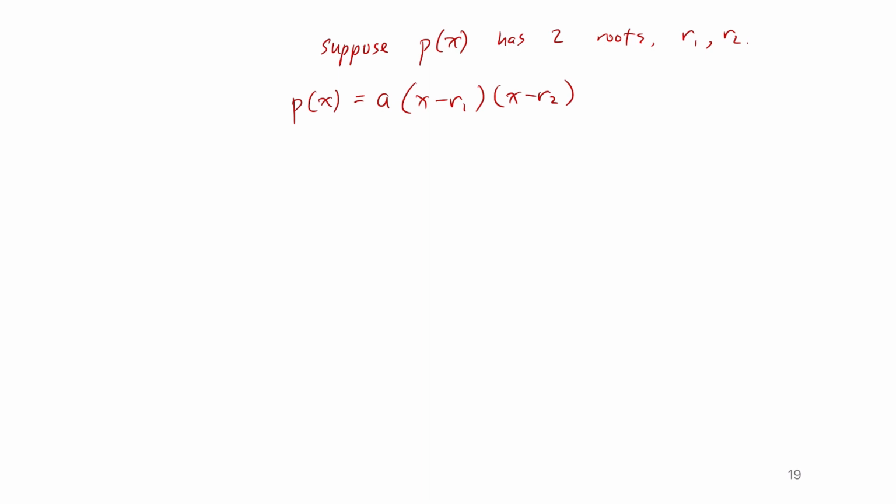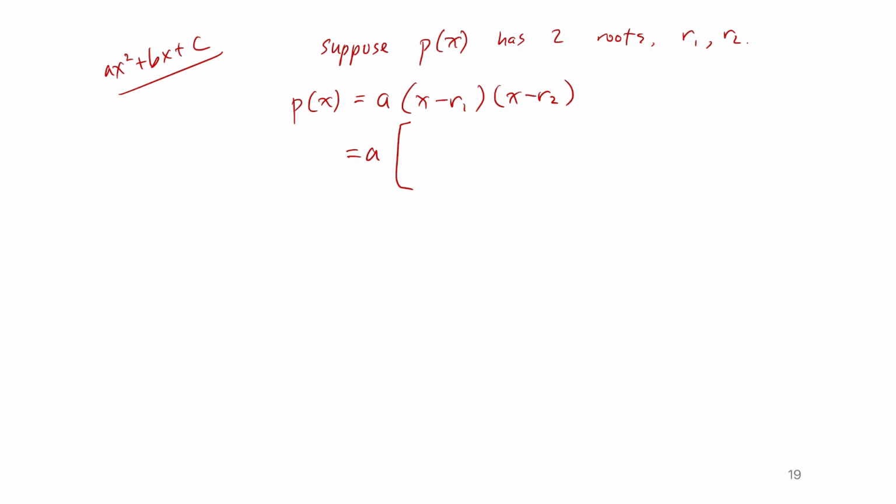So now what we can do is just expand this. And remember, we're trying to compare this to ax squared plus bx plus c. Well, let's expand. So we have a, and then now we have a similar problem as when we looked at the binomial theorem.